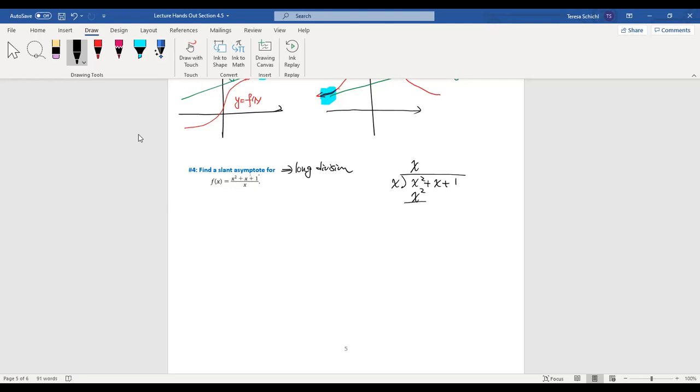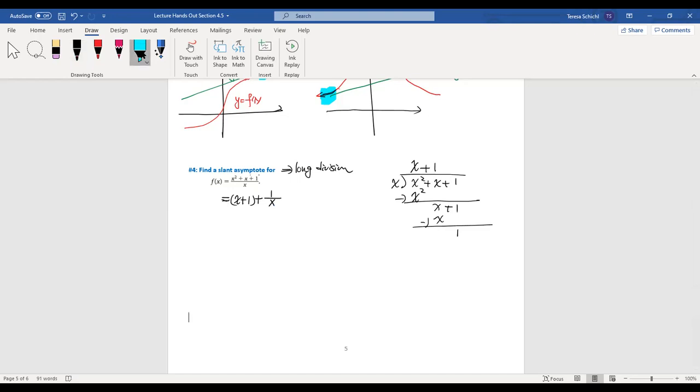Okay, so now you subtract it. This will be the x plus 1, and then you bring down the plus 1 here, right? So it's 1 over x, and then you subtract it, and this is 1 here. So I know this function you can write as x plus 1 plus the remainder term. The remainder term is 1 over x here.